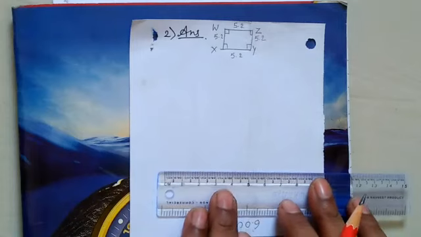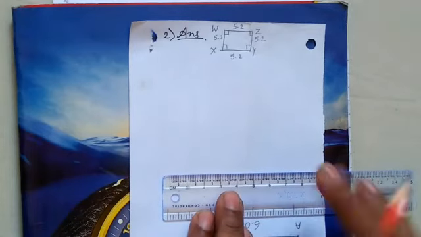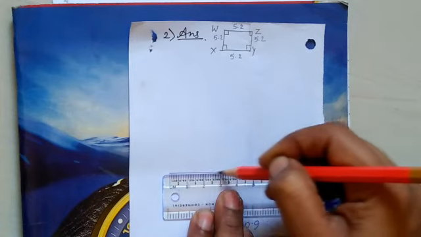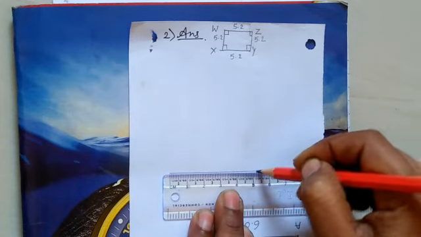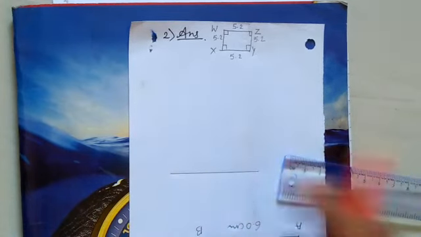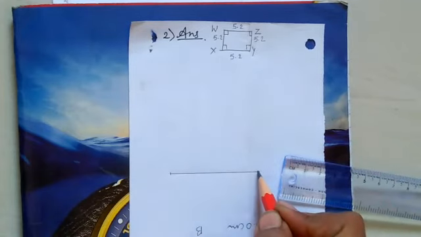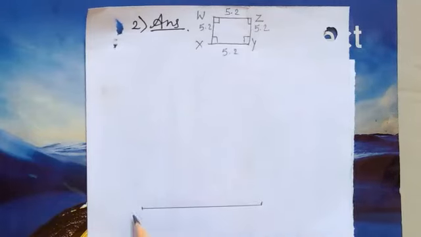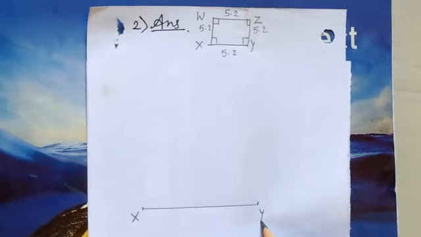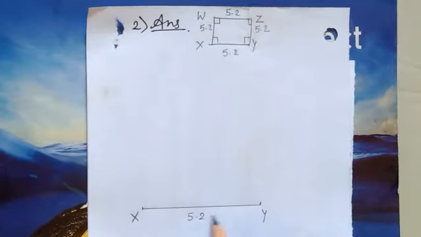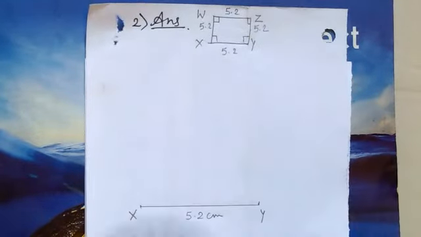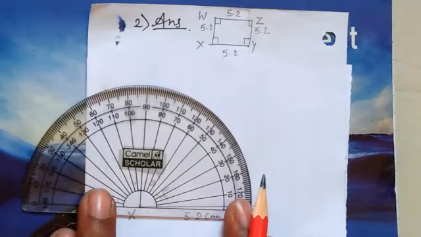Let's see. Let's take the distance 5.2. Label it X, Y, measurement 5.2 centimeter. Now draw this 90 degree angle at both the points.